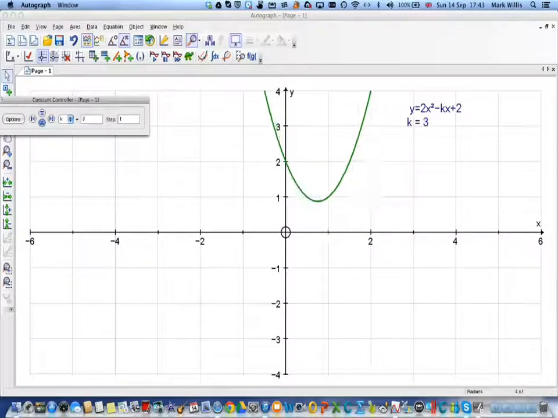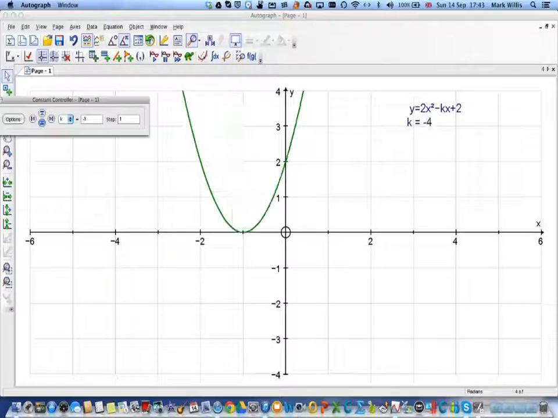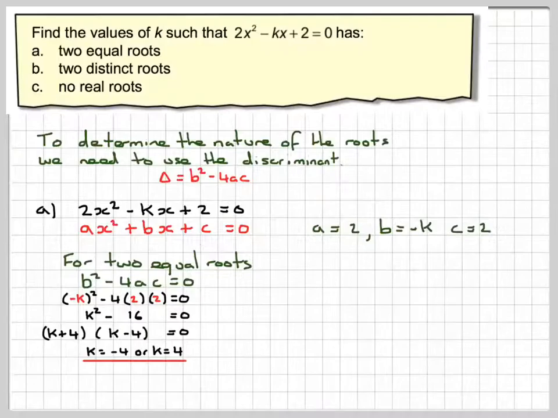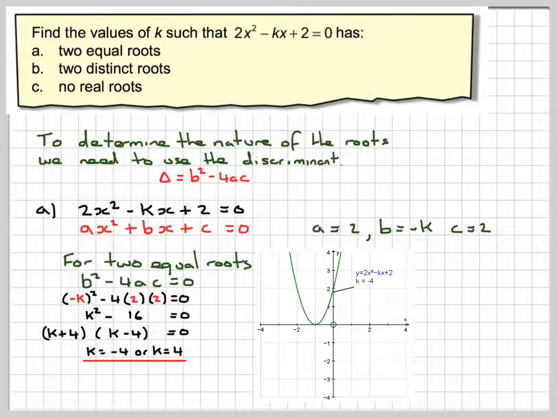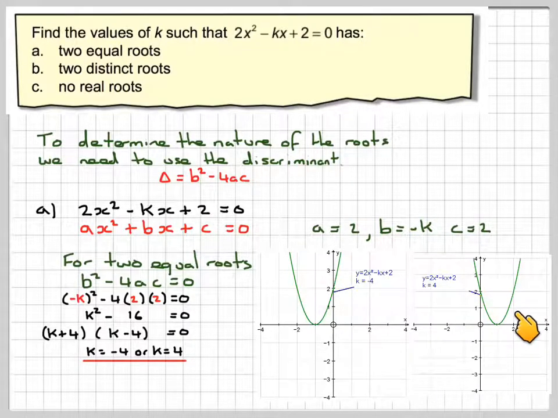And when we go to minus 4, again we get another set of values where the curve just touches the axis, the original quadratic. So there we can see the first case where k is equal to minus 4, and here we can see the second case where k is equal to 4.